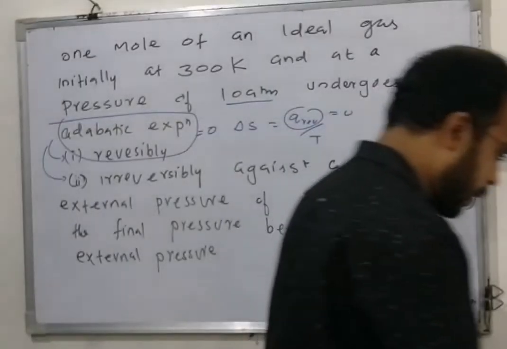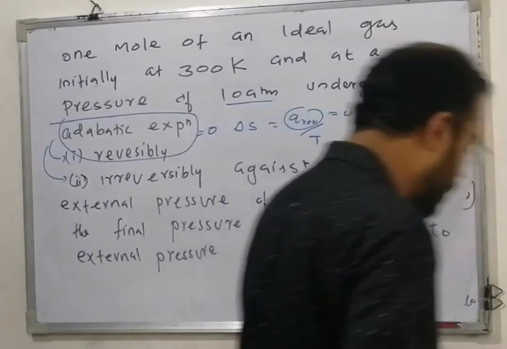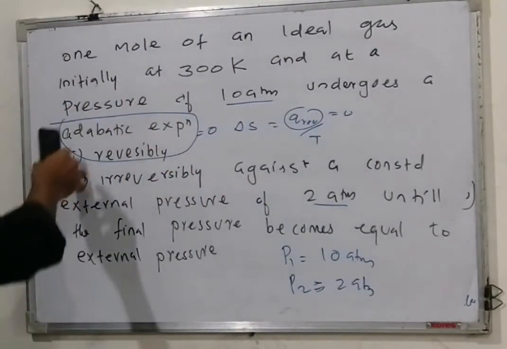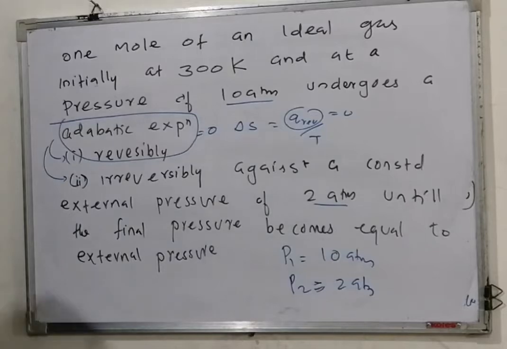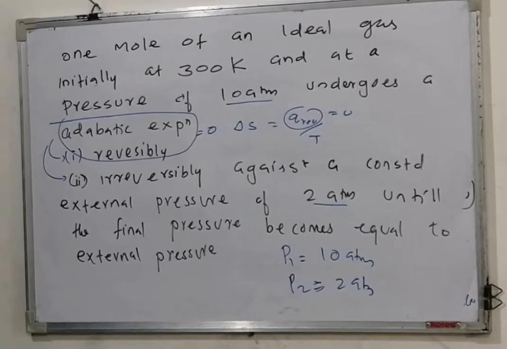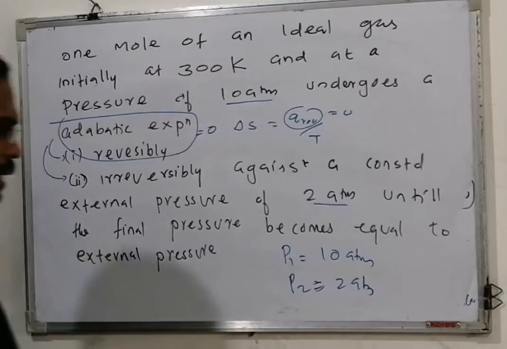Therefore, pressure is changing. Ideal gas initially at 300 Kelvin. Okay.